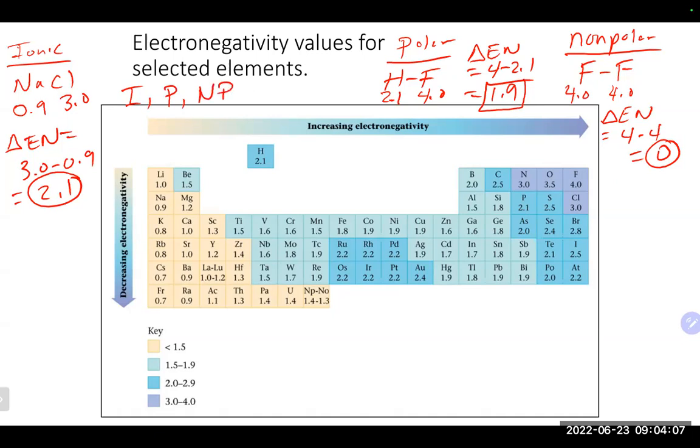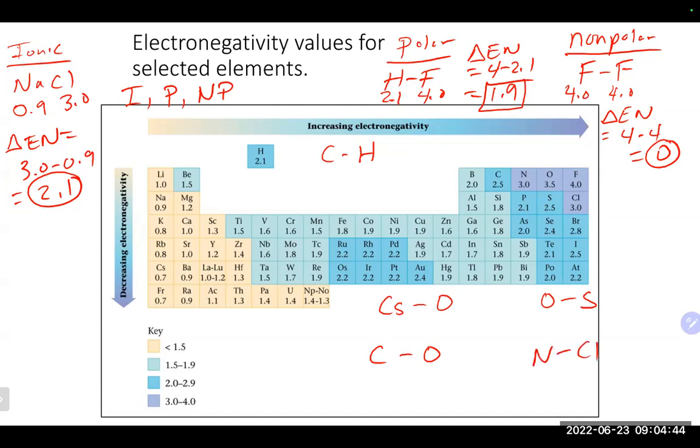Why don't we do a carbon and hydrogen bond, let's do cesium and oxygen, let us do oxygen and sulfur, let's do carbon and oxygen, and let us do nitrogen and chlorine.